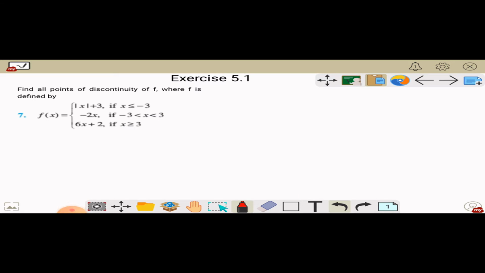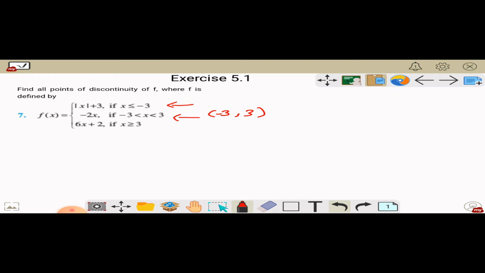So our seventh question is, find the point of discontinuity of f where f is equal to modulus of x plus 3 if x is less than or equal to minus 3, minus 2x if x is in between minus 3 to 3, here we can write it as the open interval minus 3 to 3.